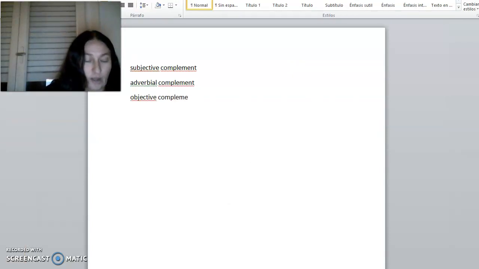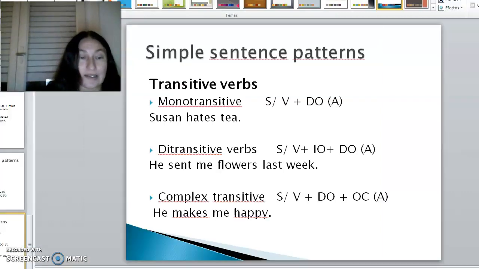Objective complement is an obligatory element which refers to the object. He makes me happy means I am happy, me happy. Not "he makes I am happy." Can you see the relationship between these two elements?